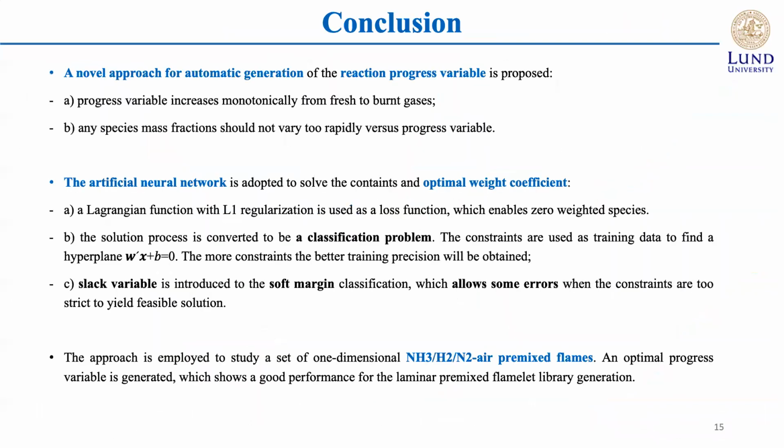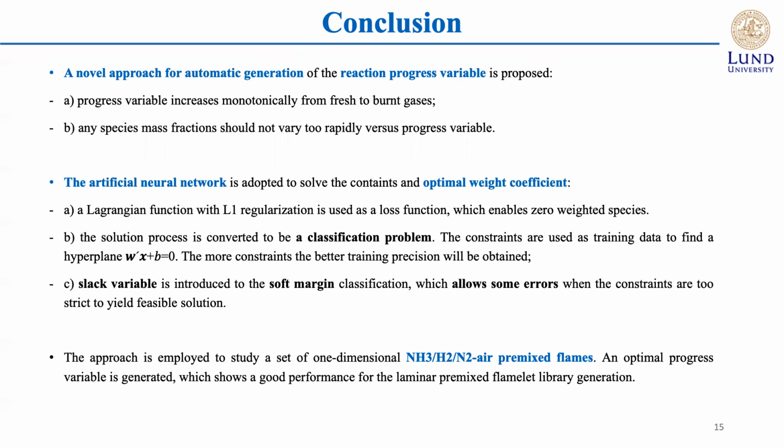In the present work, a novel approach for automatic generation of the reaction progress variable is proposed. The artificial neural network is adopted to solve the constraints and provide optimal weighted coefficients. Specifically, we use L1 regularization to encourage zero-weighted species. We convert constraints to classification points to train the artificial neural network to find a hyperplane which solves a large number of constraint equation problems.